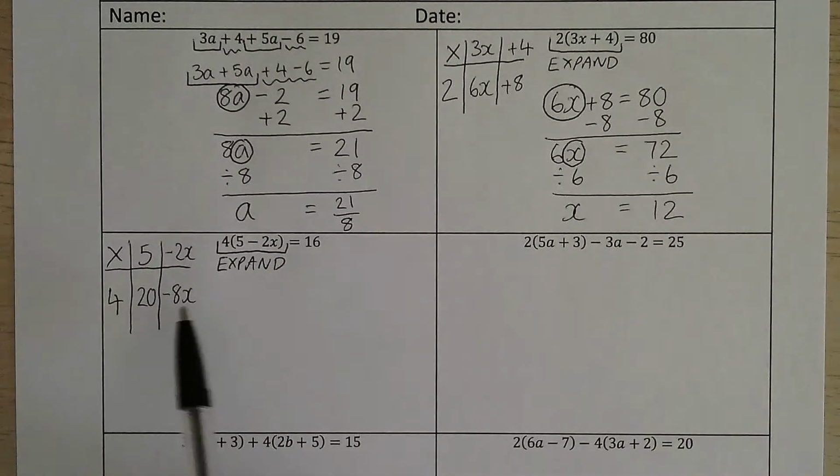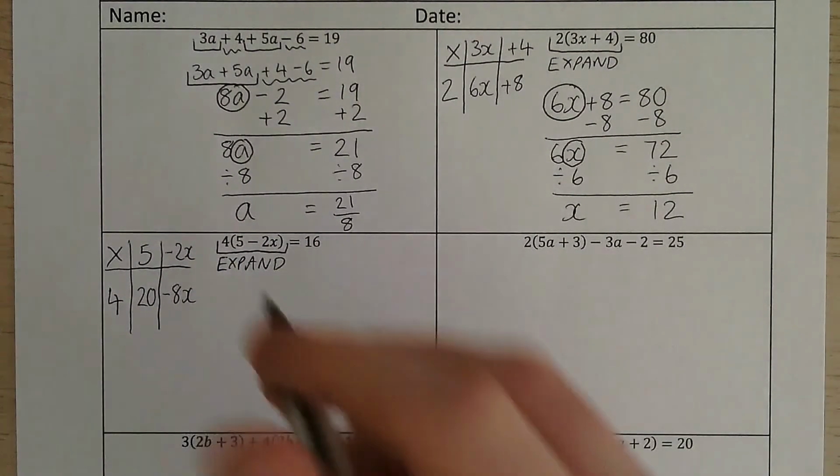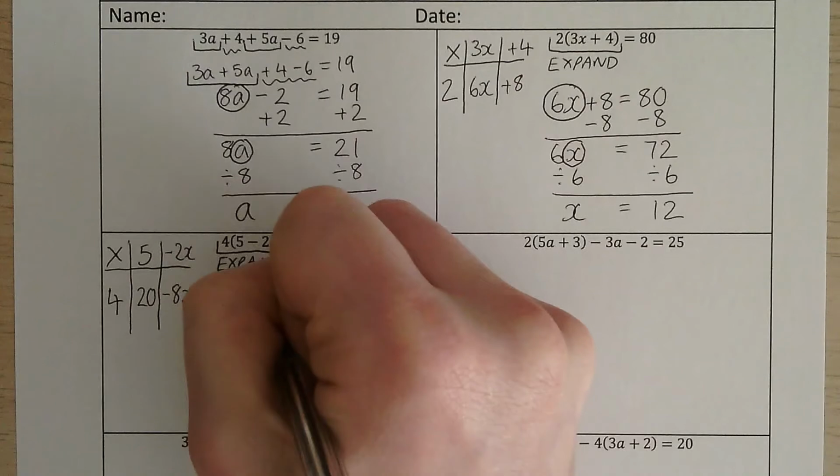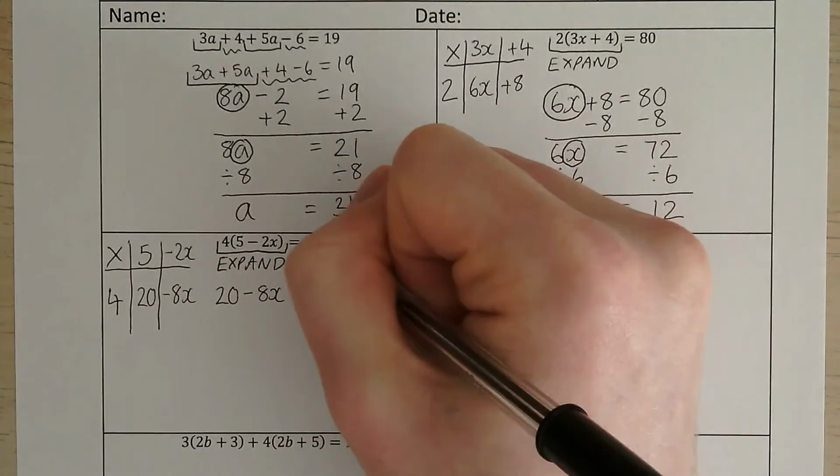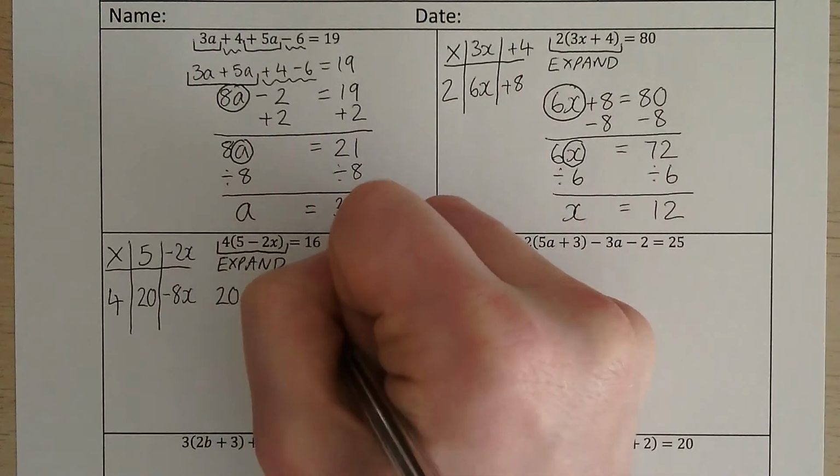These two answer terms are going to be written underneath our expansion. So 20 minus 8x and the equals 16 is going to drop down.